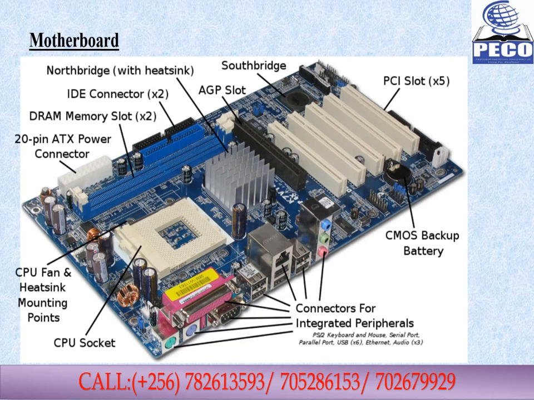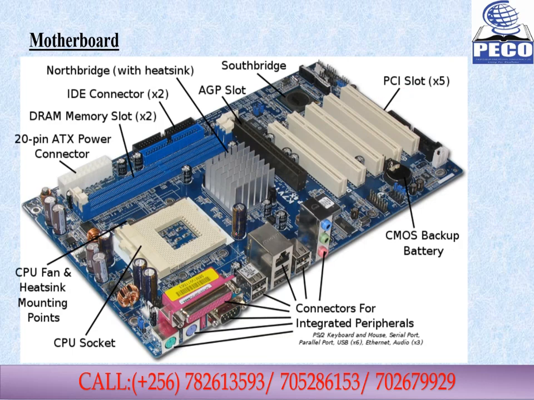Here they tried to show you there are so many components. Apart from the basic ones, we shall find a fan, heat sink, mounting points, CPU sockets, and connectors for integrated peripherals, because there are several peripherals connected within. The CMOS backup battery is also there, PCI slots, and several others.